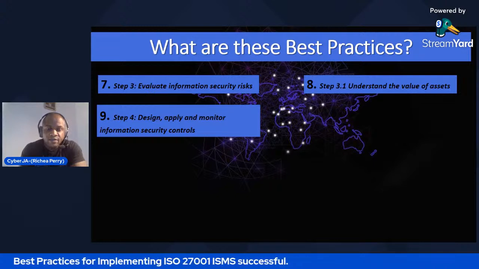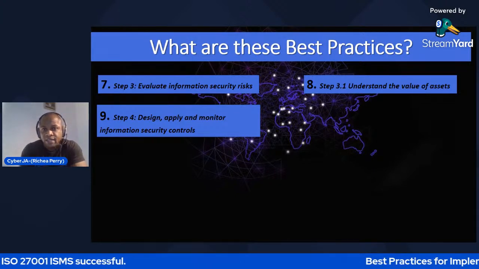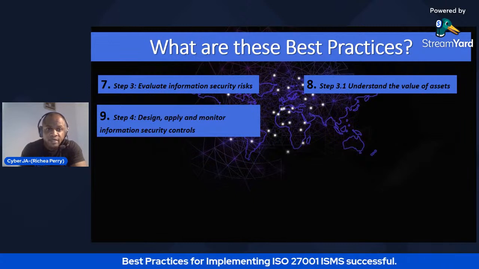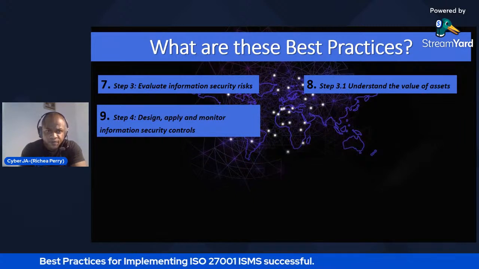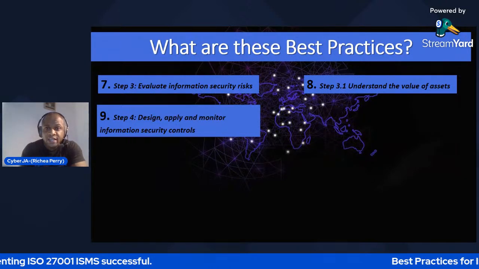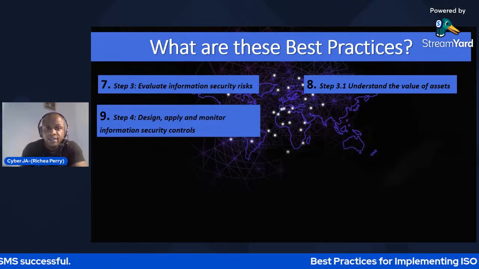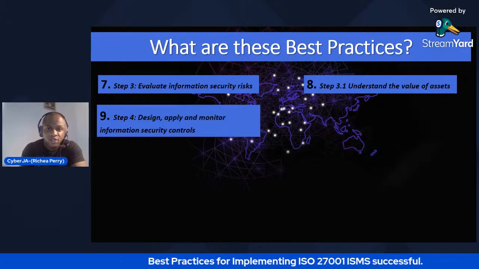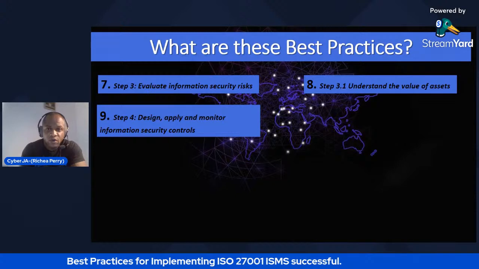The ninth best practice is to design, apply, and monitor information security controls. In this, a thorough understanding of the environment in which the organization operates is of key importance when defining information security requirements.